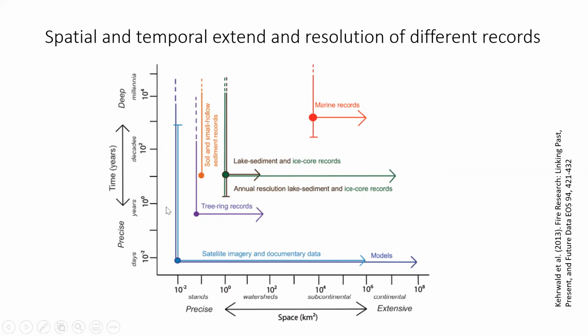First of all, the most precise records in temporal and also in spatial resolutions are modeling and satellite imagery and documented data, but we are not going into those that much in these lectures because we are more looking into the past.